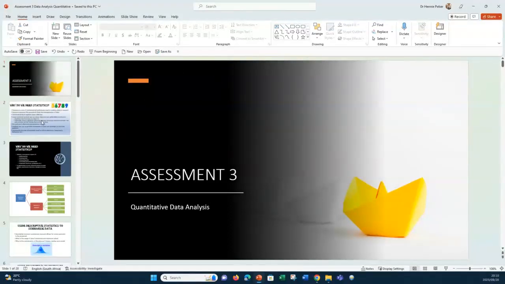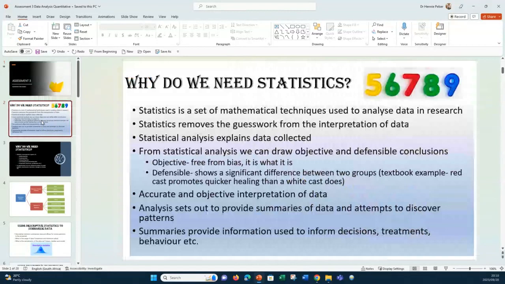So when we look at why we need statistics, this is where we are. We are only staying within descriptive statistics. We're not doing inferential statistics, which is really required at a slightly higher level. We use statistics to prove relationships, to prove objectivity, and to show that these relationships actually matter.